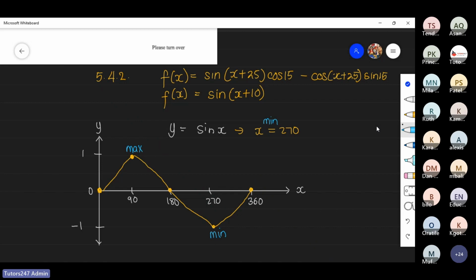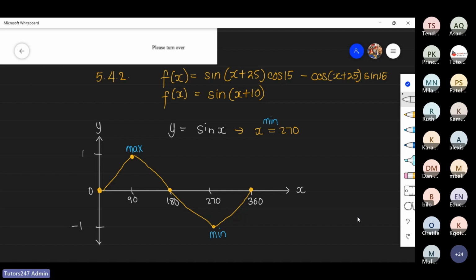If it is outside of the bracket, it then refers to a vertical shift. So if we had plus 2 outside the bracket, this means 2 units up. If we had minus 2, it would have been 2 units down. But because our 10 is within the bracket, it is now referring to a horizontal shift.